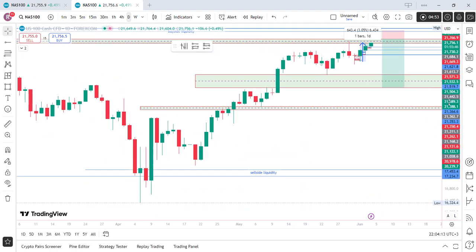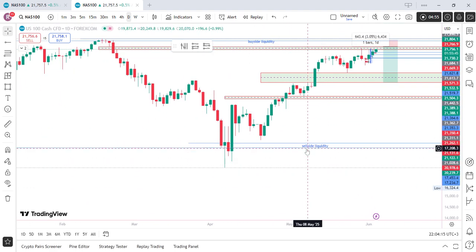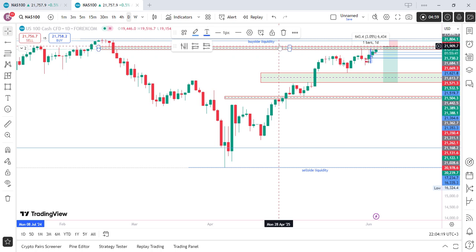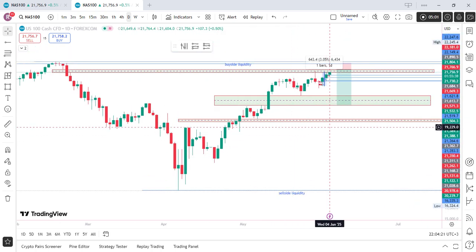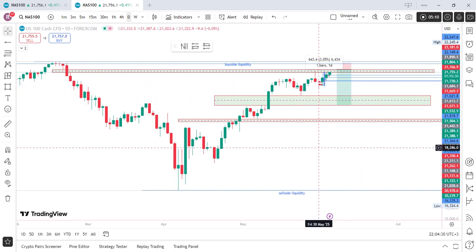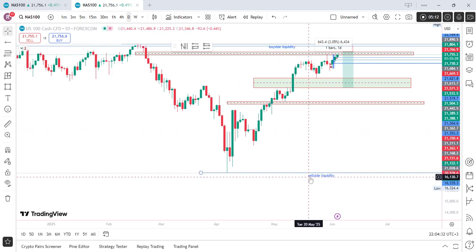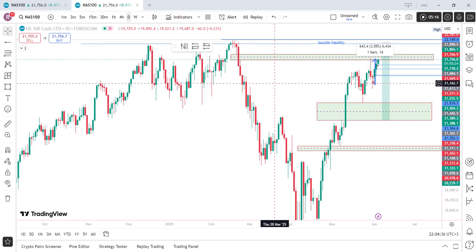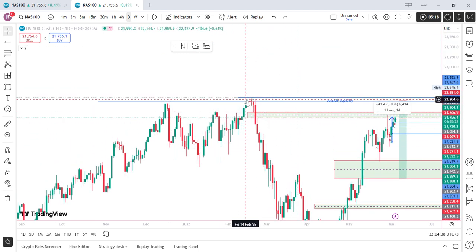We had sell side liquidity below there. In case price is showing us signs of going down, for example you have a break of structure right there and you can see some bearish daily fair value gaps, then our target is going to be this sell side liquidity. And as you can see above here, that is where we're headed to, buy side liquidity.